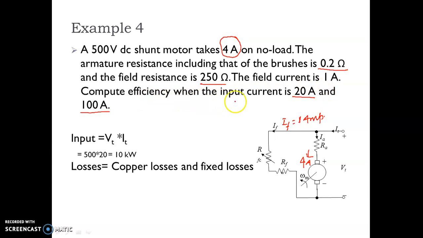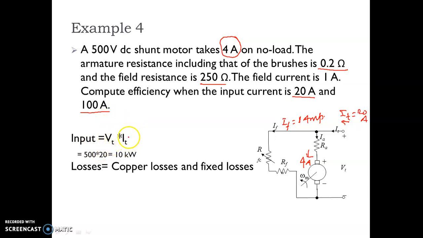Compute efficiency when input current is 20 ampere and 100 ampere. First I will take terminal current 20 ampere and calculate the efficiency, and when input current is 100 ampere, we also have to calculate the efficiency of this machine. So input power, how much input power?